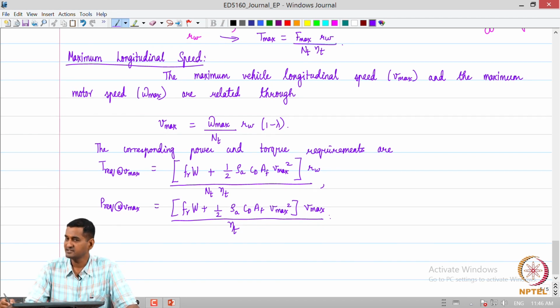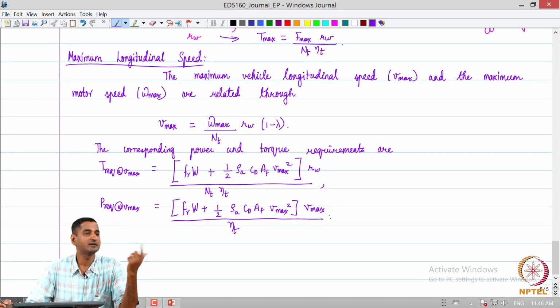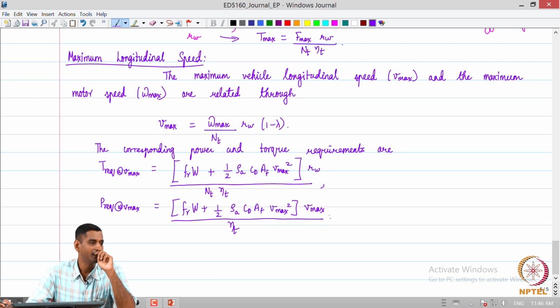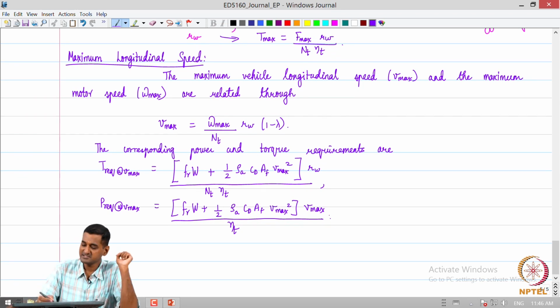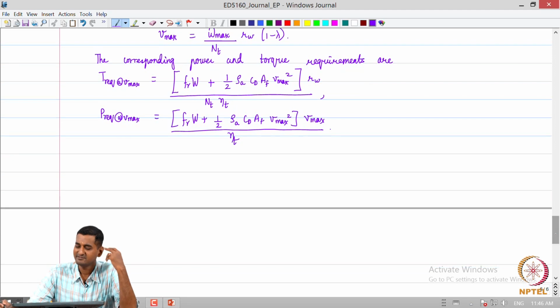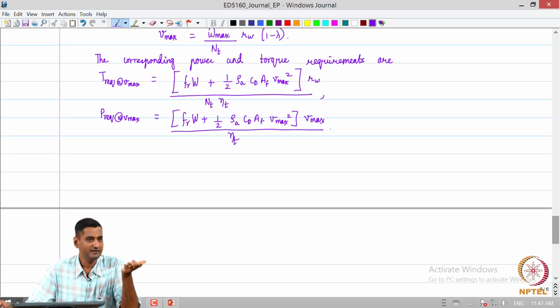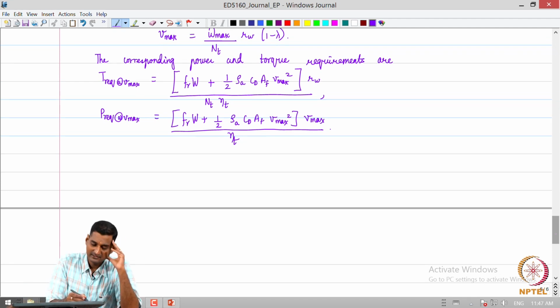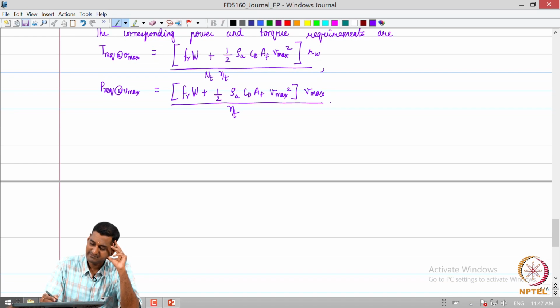That will give us the corresponding motor rating required to drive the vehicle at this maximum speed, because F times V is the power. In the numerator, instead of writing torque times omega, I have just written F times V, and then divided by the efficiency term, and that will give us the power output. That is as far as maximum vehicle speed is concerned.